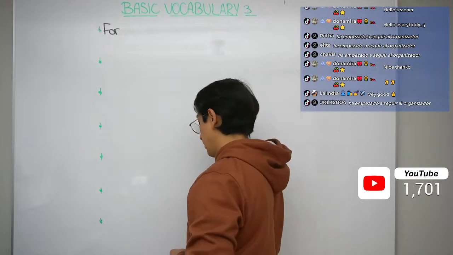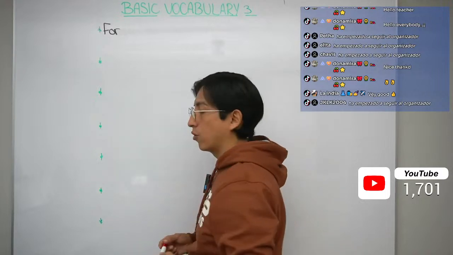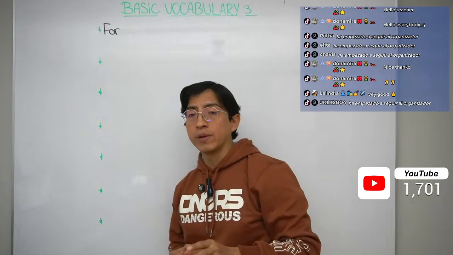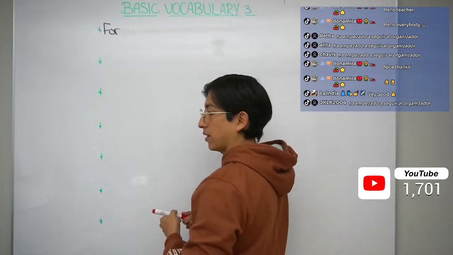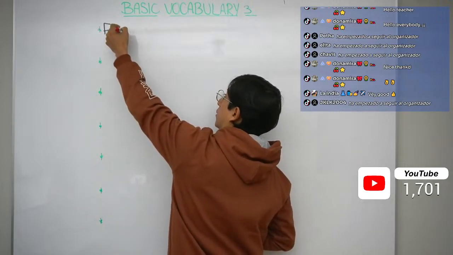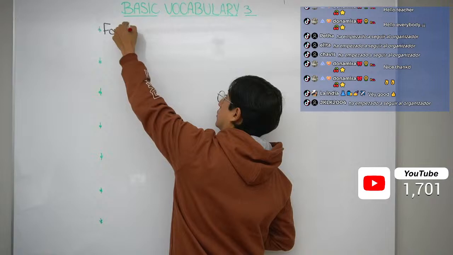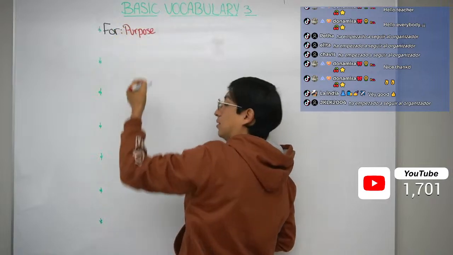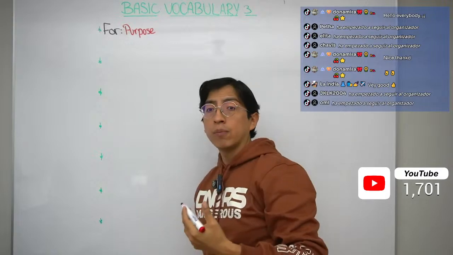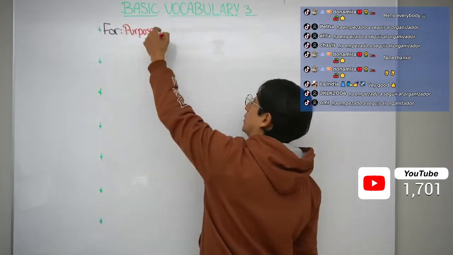Now, let's start with for. Guys, what does for mean? It has different meanings, okay? Let's start with number one. We're talking about purpose. Okay, this is the first meaning: for a purpose or reason.